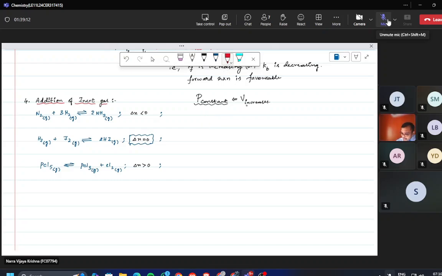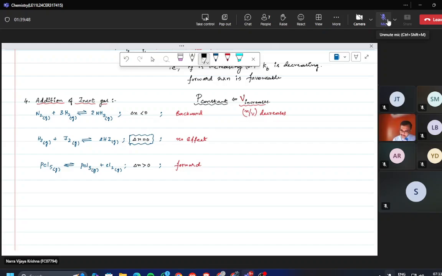V increased means what happens to N by V? Decreases. Then what does the equilibrium have to do? It has to increase N by V. To increase N by V, it has to increase N. So how will I increase N here? So here backward favorable. Here forward favorable.